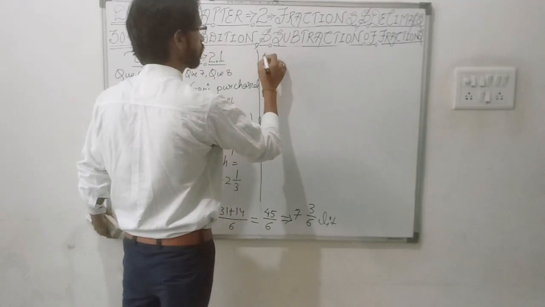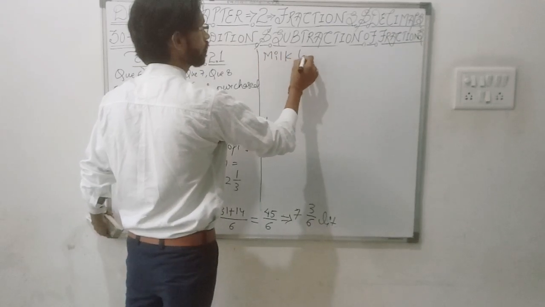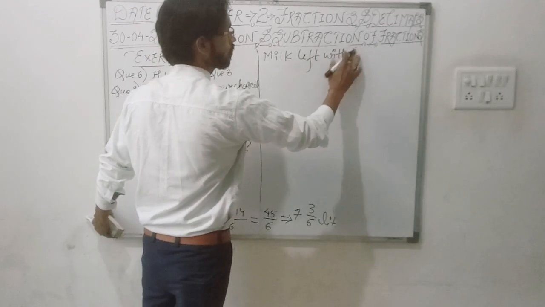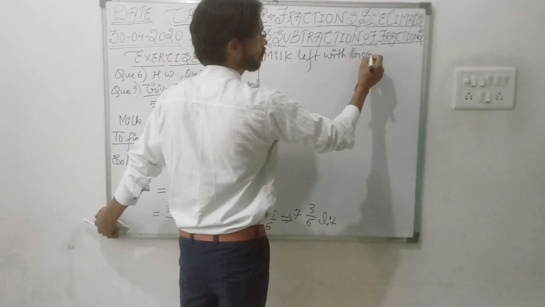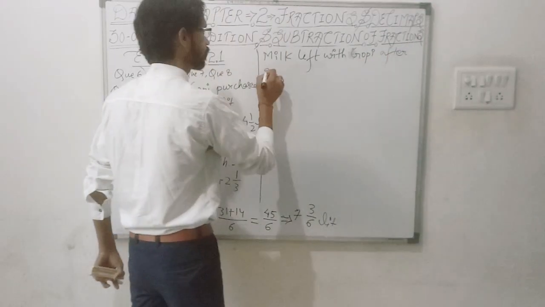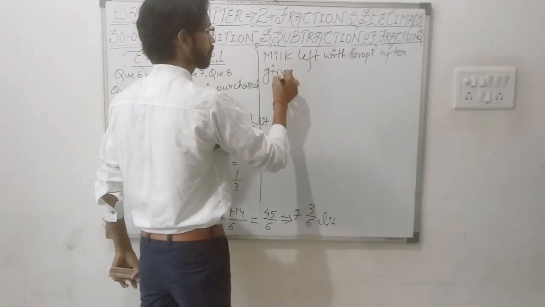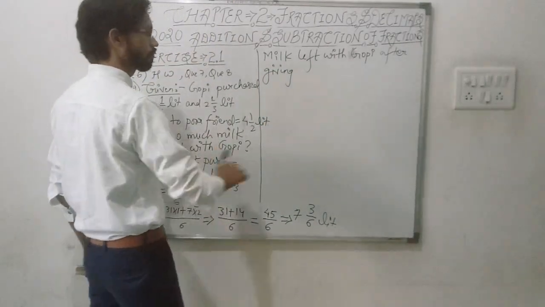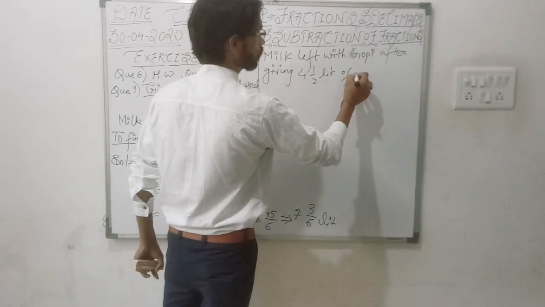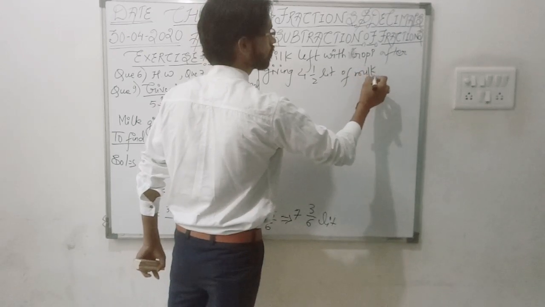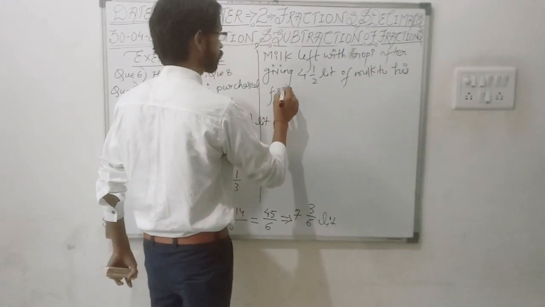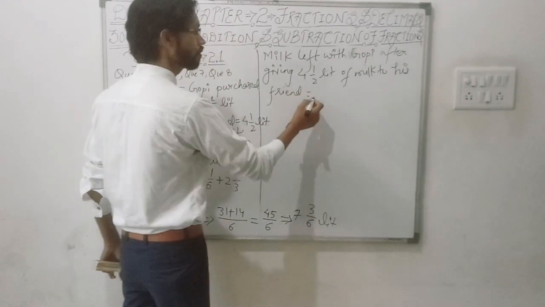Now what we can say: milk left with Gopi after giving 4 and 1 by 2 liters of milk to his friend. What we will do?